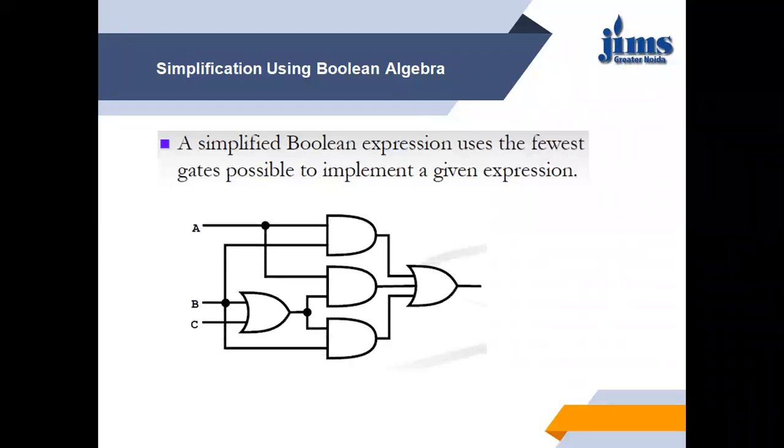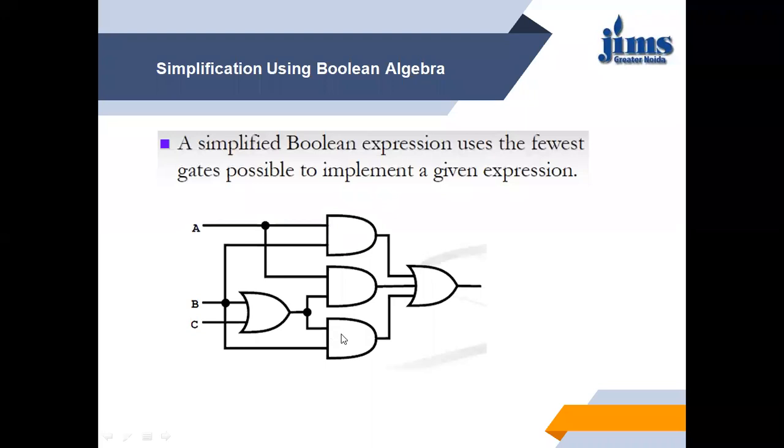So here, let us say this is a circuit, and we have to find out the output. Here is A, here is B, then the output of this particular gate is A and B. Then at this gate, the inputs are A and the output B or C, so the output will be A and (B or C). B or C is coming from this gate.